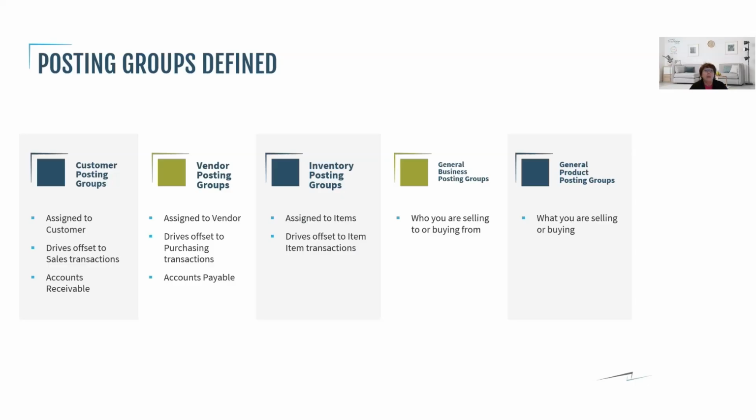So we're going to go through each of these to help you have a better understanding of what this looks like. When we talk about our customer posting groups, these are the posting groups that are assigned to the customers, and it's based on the customer card. Now, you don't have to populate those, but if you don't, then when you get to the transaction level, you will have to populate something in there so that you get a full transaction.